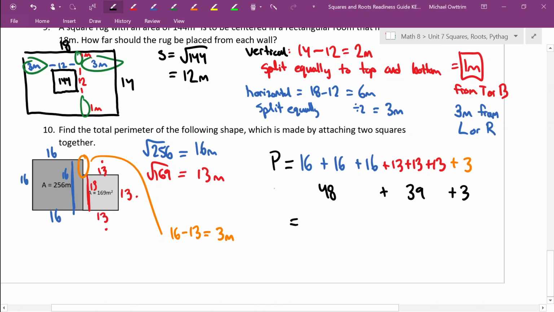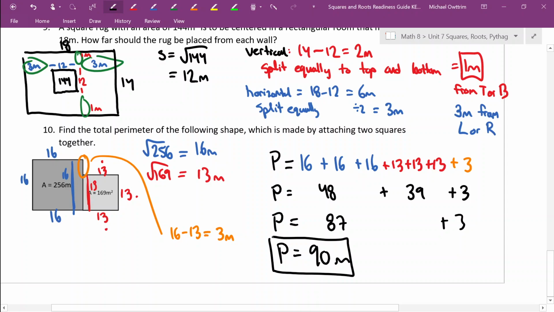And then adding those together, 48 plus 39, well, 48 plus 30 is 78, plus another 9 is 87. And then we've got our plus 3, gives us 90 meters around the outside. Okay, so I hope that's helped you with your squares and roots readiness guide.